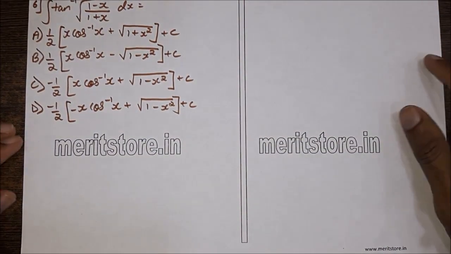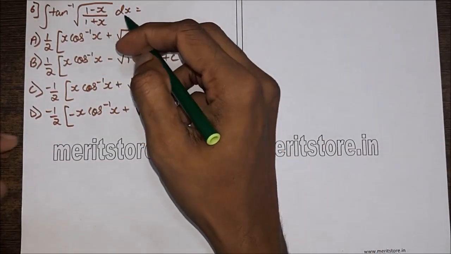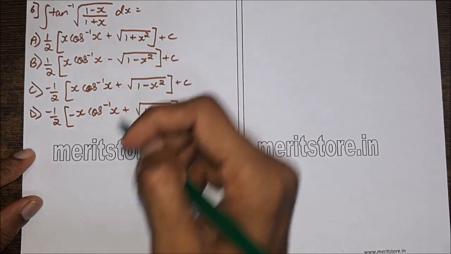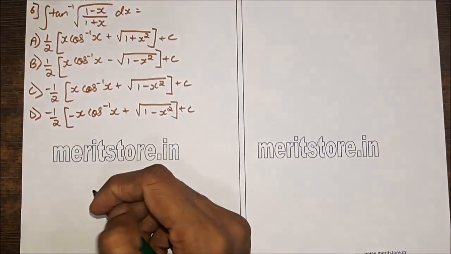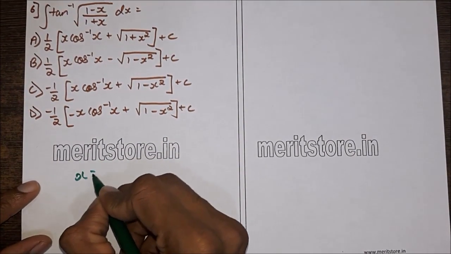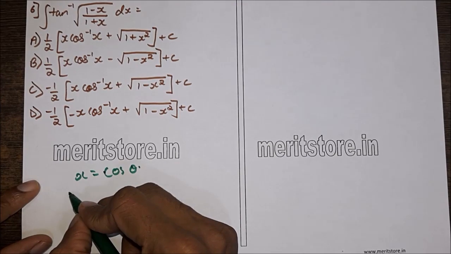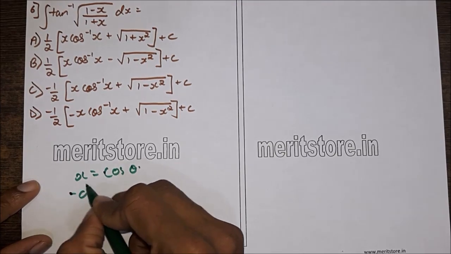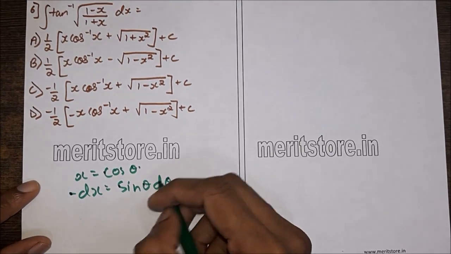Question 6. Integral tan inverse root of (1 minus x upon 1 plus x) dx is equal to. We put x is equal to cos theta, and differentiating both sides, we get minus dx is equal to sin theta d theta.